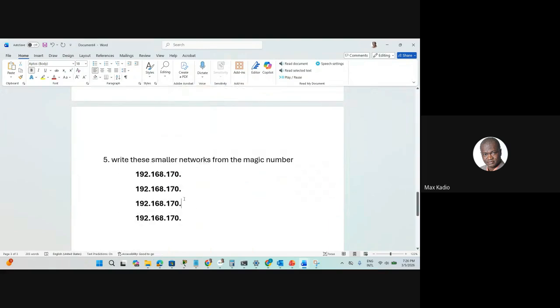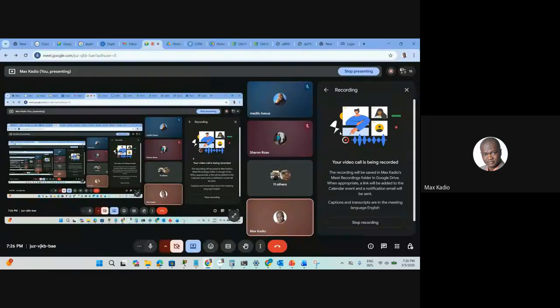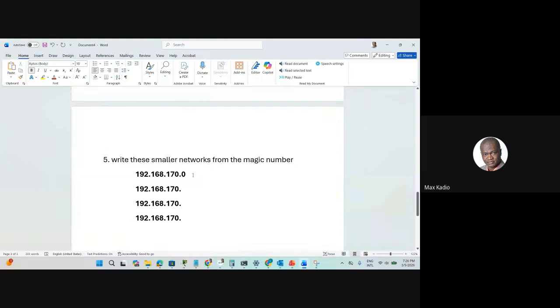These are my 4 networks. Now I need to complete them because of the 1 block, 2, 3. I need to find the last number. Always the last one starts with 0. I'm going to put it in red also.